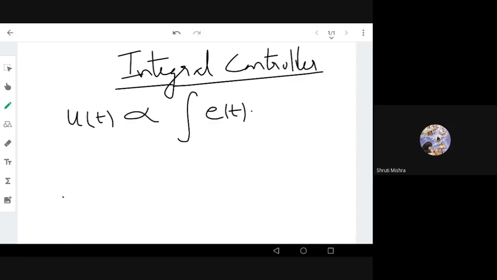That is much better. Instead of only being proportional to the error, we also need a controller which works on the integral of the error, that is, the area of the error curve. For example, the controller output should act on the area of the error.